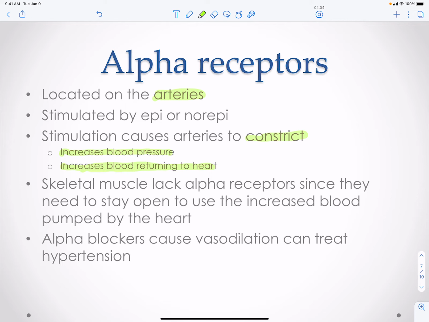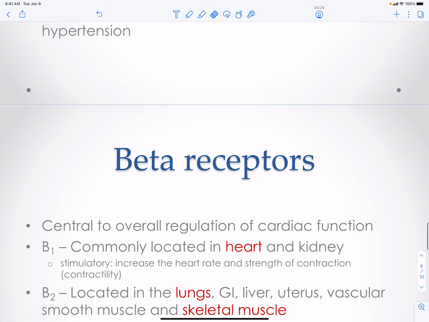They don't want to be constricted. And so they stay open to use this increase in blood that's pumped back into the heart. Alpha blockers are going to cause vasodilation and can treat hypertension. So the alpha blockers are going to relieve the constriction that is being caused by the stimulation of those receptors.